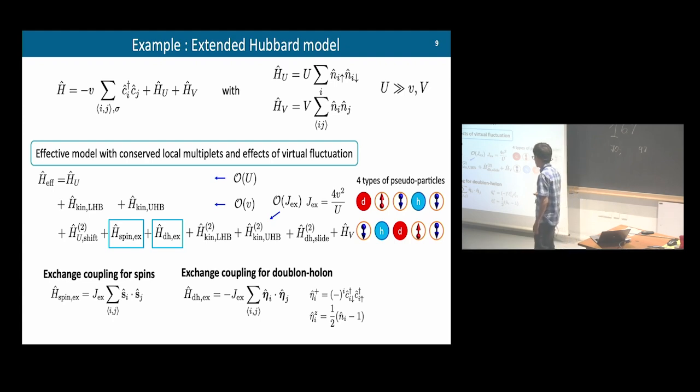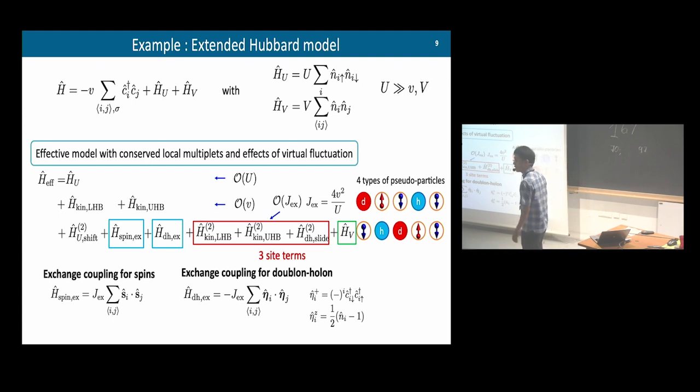And with this, this term can be expressed with a ferromagnetic Heisenberg term. And we have here the nearest neighbor interaction, and the rest is the term that involves three-site terms. So it's something like the t-J model derivation from the Hubbard model, if you are familiar with this.